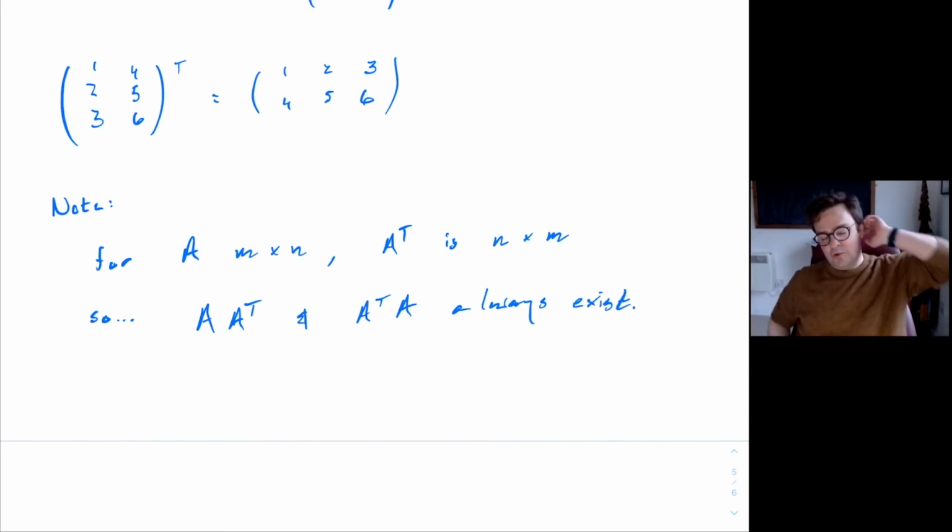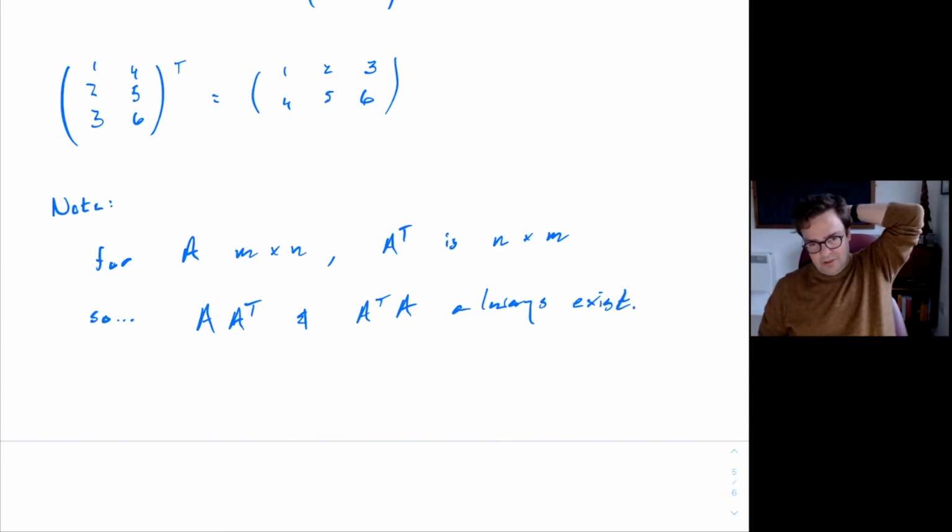So it's always okay to multiply A by its transpose or A transpose by the original matrix.